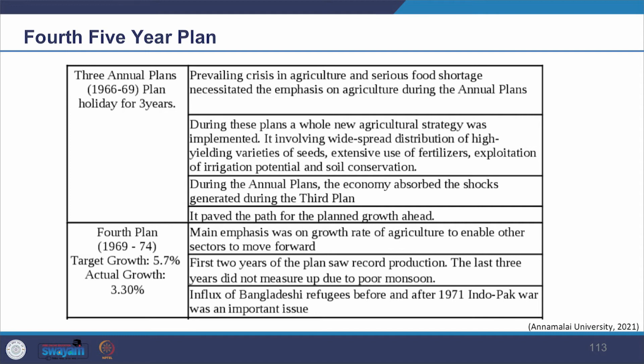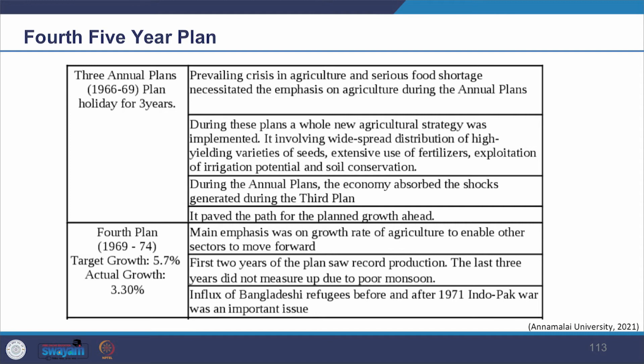So we were having those problems at this time. It involved widespread distribution of high-yielding varieties of seeds, extensive use of fertilizers, and heavy irrigation and soil conservation. During these annual plan periods, we could absorb the shock of the third plan. It prepared us for the future growth.